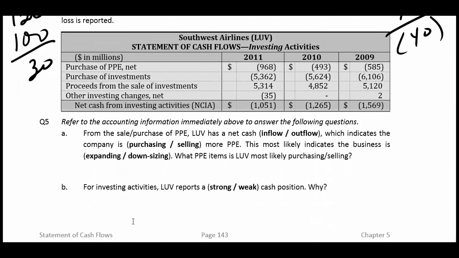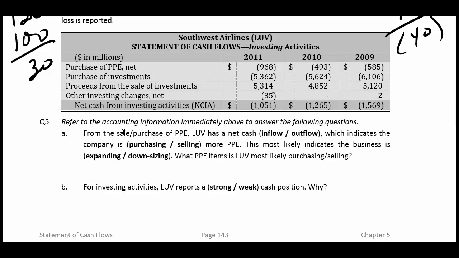Here we see Southwest Airlines, everyone's favorite airline. And these are the various things that they did. So we see 3 years, various items here. They purchased PP&E. Purchase of investments, I guess in stocks and stuff. Proceeds from the sales of investments and other items.